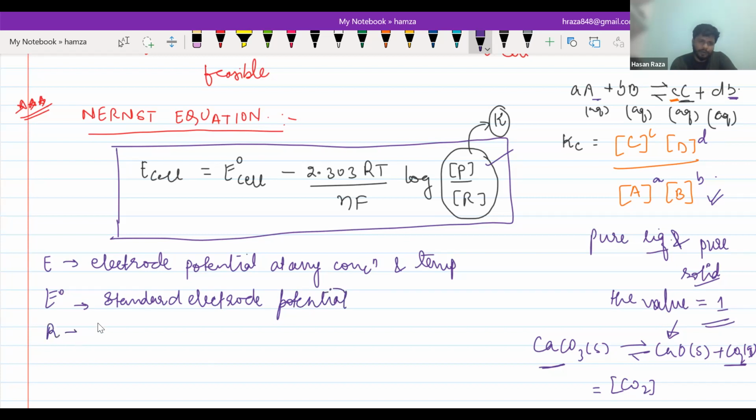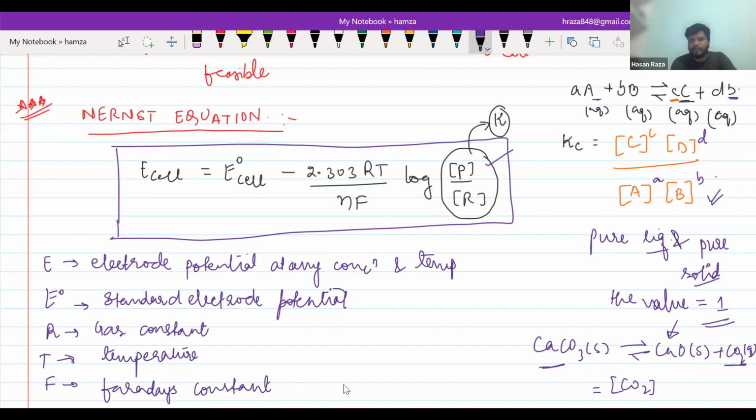R is gas constant. T is temperature. F is Faraday's constant. That is a value that is 96,500 Coulomb.